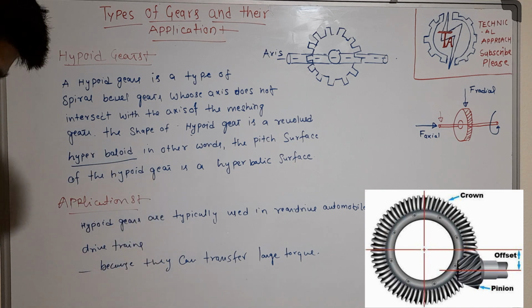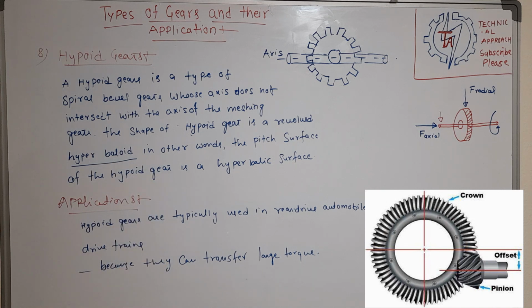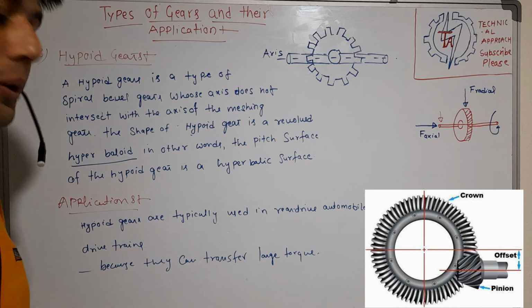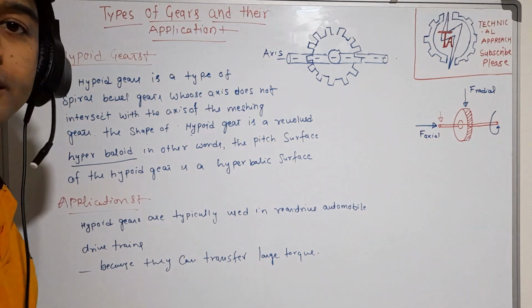In other words, the pitch surface of a hypoid gear is a hyperbolic surface. Applications: hypoid gears are typically used in rear drive automobile drive trains because they can transfer maximum torque.